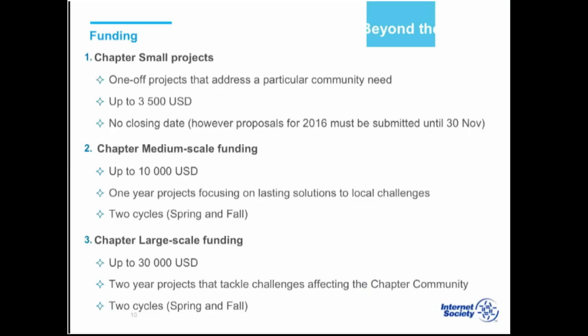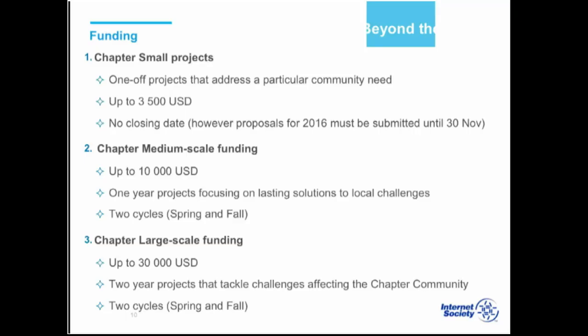We offer, let's say, 3 different types of funding. First of all, we offer chapter funding for chapter small projects. Those are one-time projects that address a particular community need. It's an event, it's a training, but it takes 1 day, 1 week, and it's done.